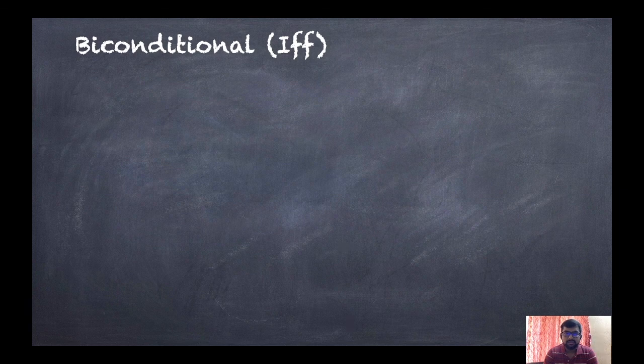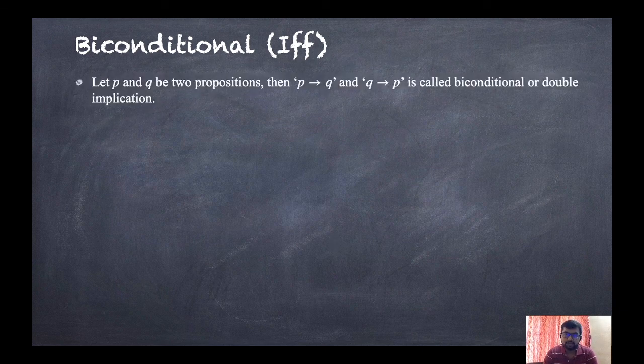The next logical connective: biconditional, or if and only if. Now let P and Q be two propositions or two statements. Then the combined statement, P implies Q and Q implies P, is called biconditional or double implication.